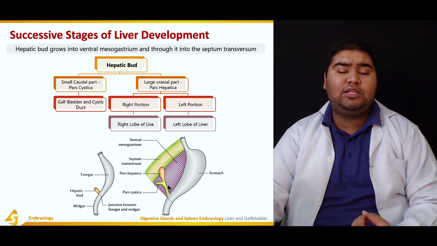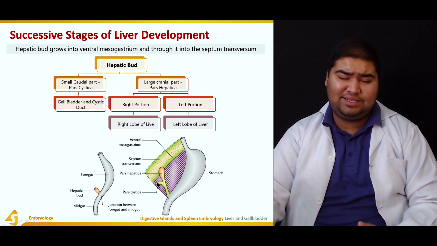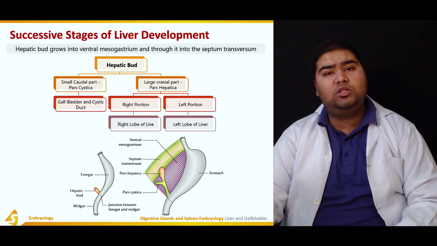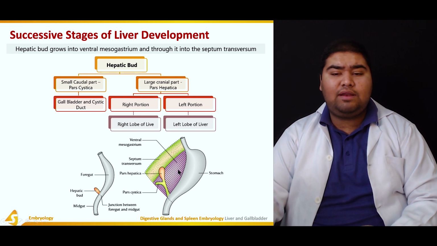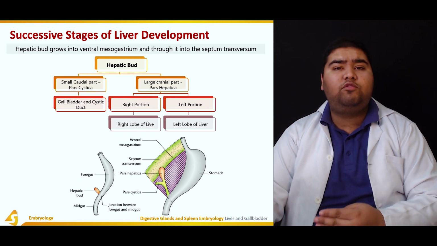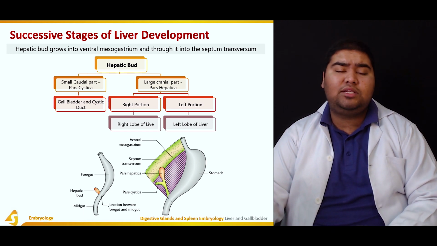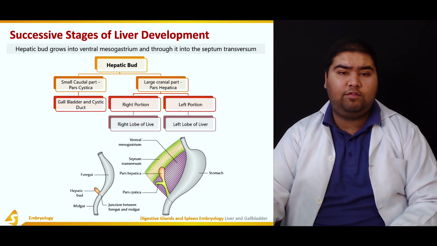Now it divides into two parts: a small caudal part known as the pars cystica, which is responsible for formation of the gallbladder and the cystic duct, and then we have the pars hepatica. Pars hepatica, before forming any adult structure, divides into a right and a left portion. The right portion forms the right lobe of the liver, and the left portion forms the left lobe of the liver.